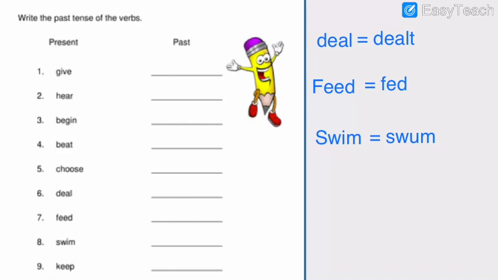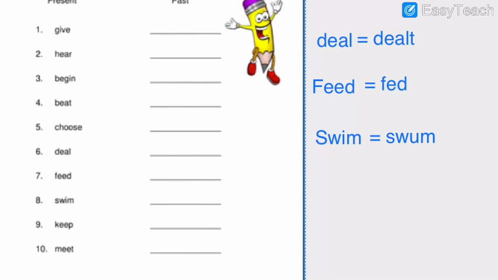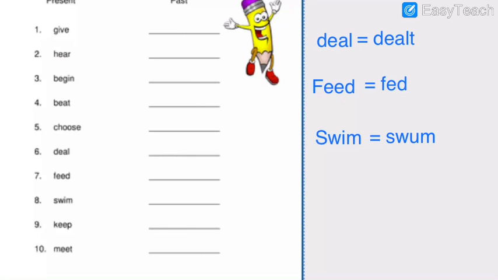Okay, the next is keep, K-E-E-P, keep. So keep is very common word you use in your daily life, right? So you must be knowing what is the correct past form. Keep my pencil for a day, keep my book for a day, keep your promise.